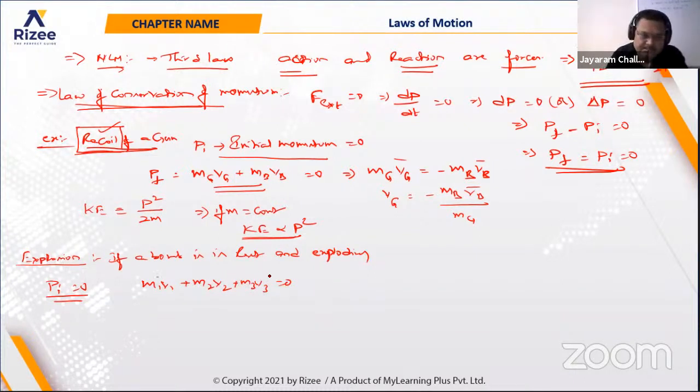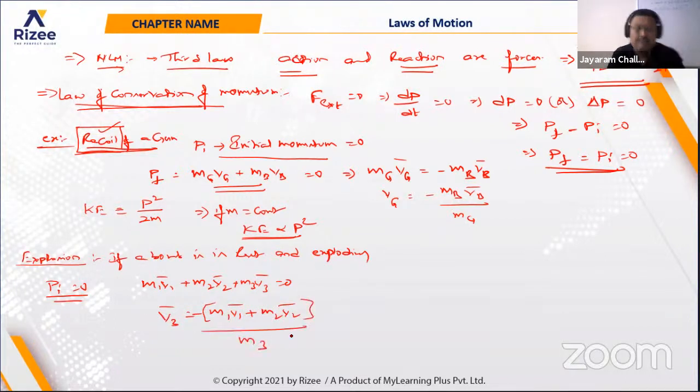Suppose if v3 has been asked, then v3 vector can be written as the negative of m1 v1 vector plus m2 v2 vector, whole divided by m3. So for these type of things, please be careful of this law of conservation of momentum.